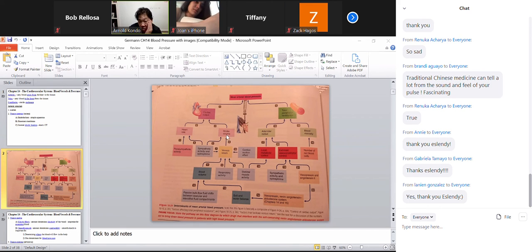And then the stroke volume is dealing with those contractile cells, but specifically the contractile cells that make up the ventricles of the heart. In this case, stroke volume is affected only by sympathetic activity, but heart rate can be controlled by both parasympathetic as well as sympathetic input. It can be altered by both.